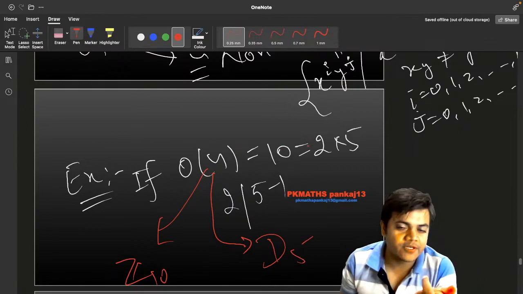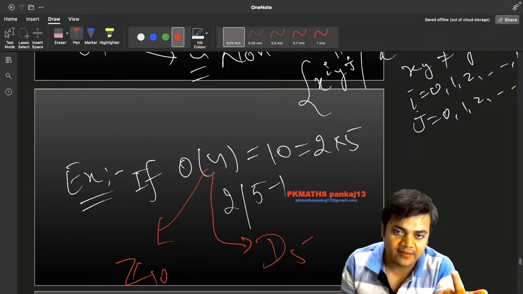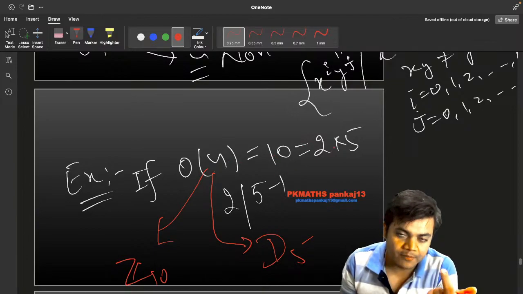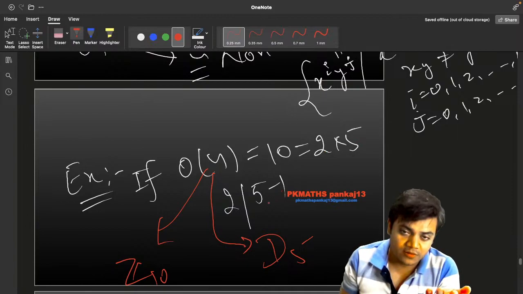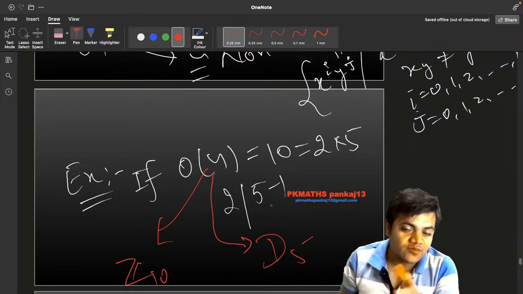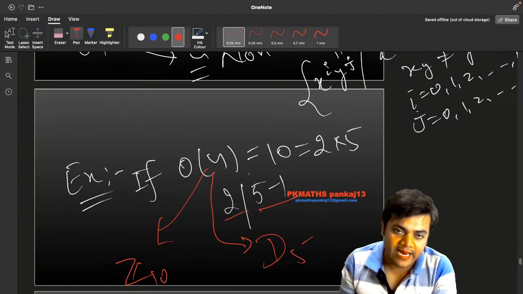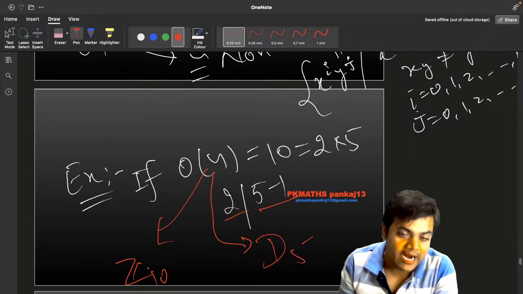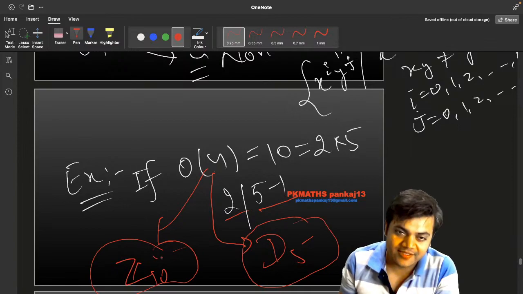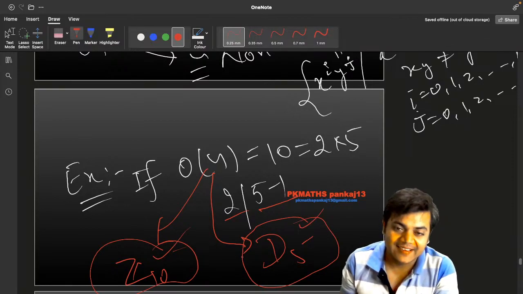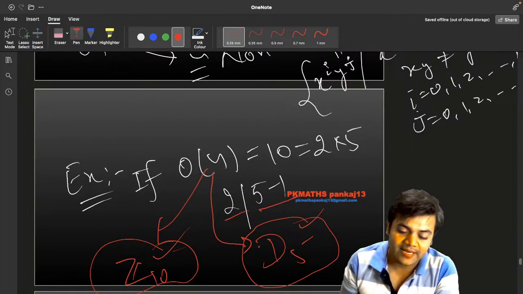So there are 2 possibilities, as it satisfies the condition that the order of the group is the product of primes and one prime divides another prime minus 1. So G will be either isomorphic to Z10 or isomorphic to D5, because both have order 10 for sure. One is cyclic, another is non-cyclic, even non-abelian as well.